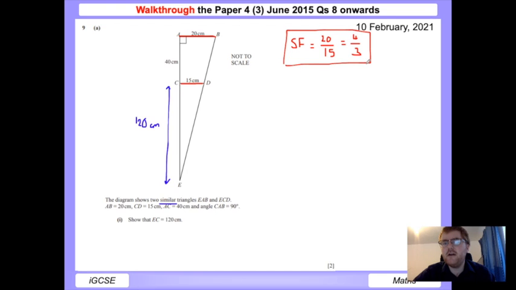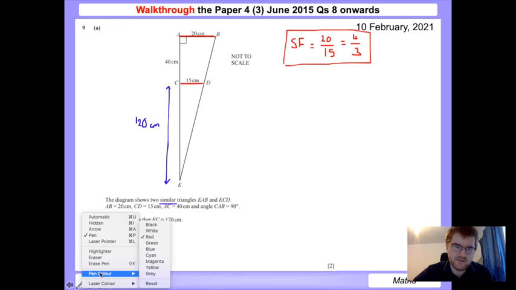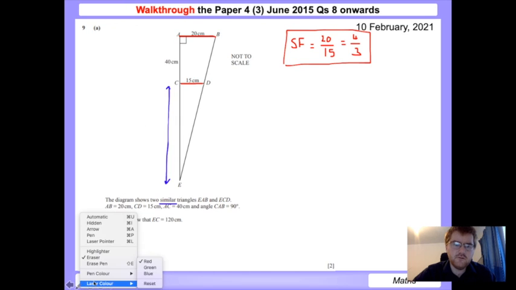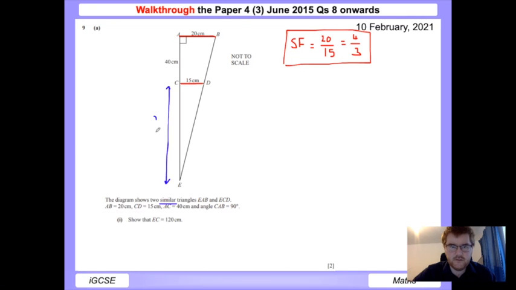What we need to do now is use that to then work out this missing length. So imagine I don't know this length. So if I wipe this out with the eraser, imagine I call this blue length that I highlighted earlier x. So this length here, EC. Then the entire length of the line is equal to x plus 40.